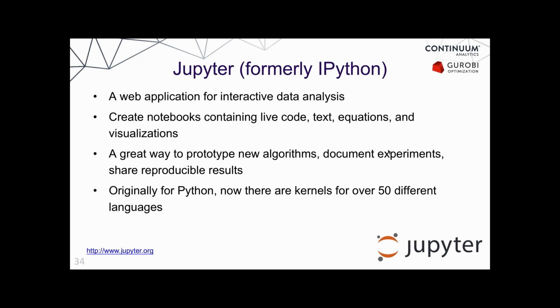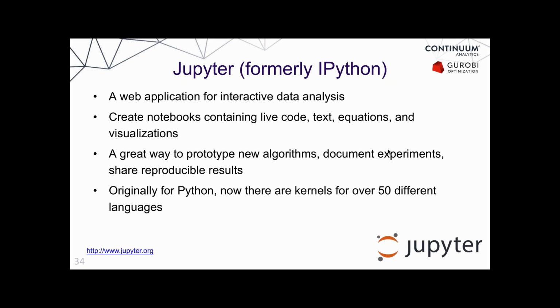The notebook system that we're going to be using is called Jupyter. You may have heard of it as IPython. It's a web application for interactive data analysis, and it's a great way to build these web-based notebooks that contain live code, formatted text, equations, and visualizations, and combine them all together in one document. It's a great way to prototype new algorithms, to document experiments, and then when you're happy with your work, to share it with others.